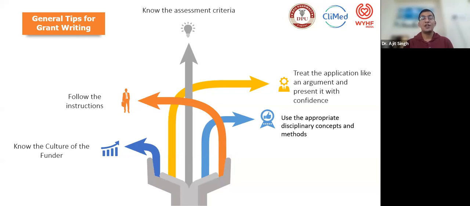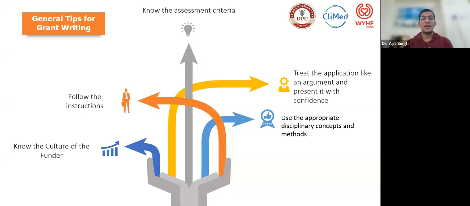And then know the assessment criteria. You should know the assessment criteria of the agency, of the funds you are applying for. Sometimes they say, we are looking for efficient people, efficient staff with efficient service experience or efficient research experience. Sometimes they clearly mention that the assessment criteria is a kind of eligibility criteria.